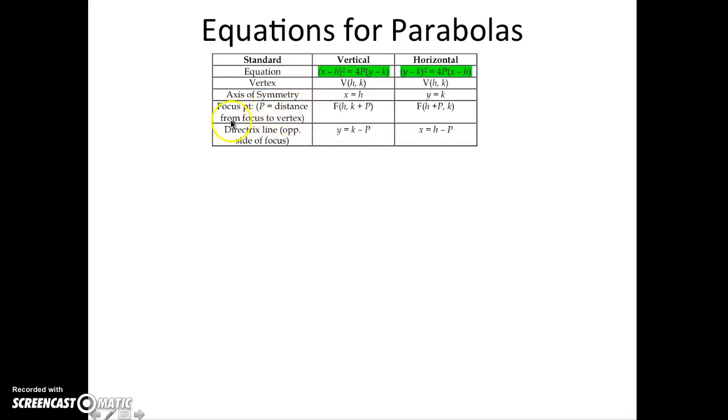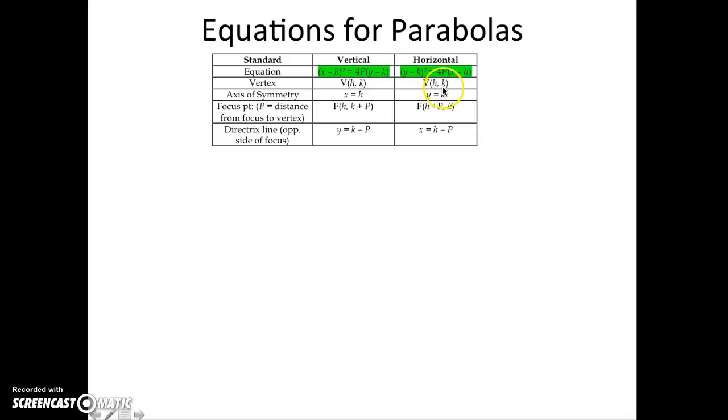This p-value is the distance from the focus to the vertex, and it's the same distance from the vertex to the directrix. For horizontal, it's going to be (y minus k) squared equals 4p times (x minus h). P is still the distance between the vertex and the focus and the directrix.